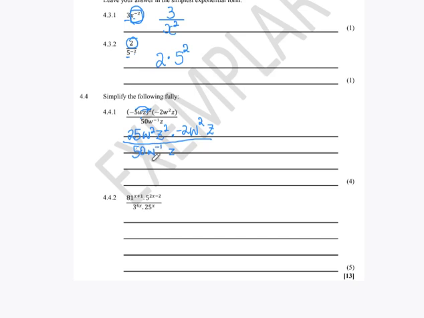Okay, now remember this is a product here, so we must multiply. Whenever we have these, we must multiply numbers with numbers, same letters with the same letters, and again here.